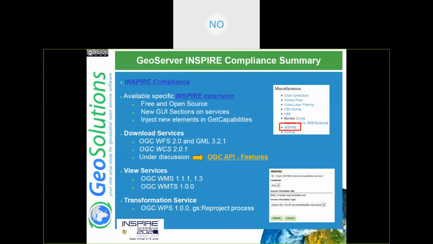In terms of download services, we have WFS, WCS, and now also OGC API Features, which will come in the next months. In terms of view services, we have WMS and WMTS, and on the transformation side, we have WPS with the reproject process. That's pretty much it.